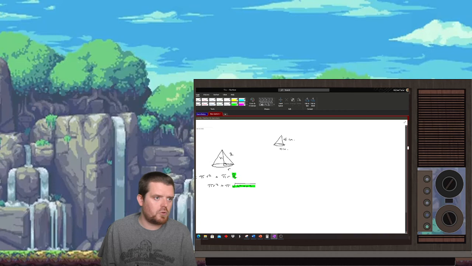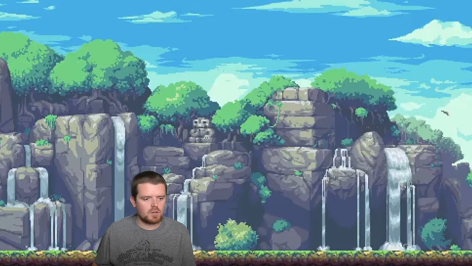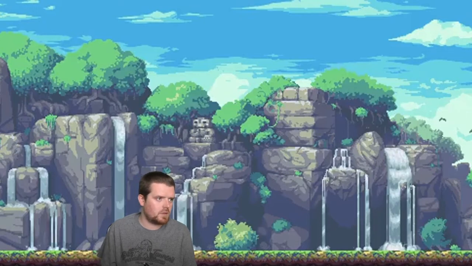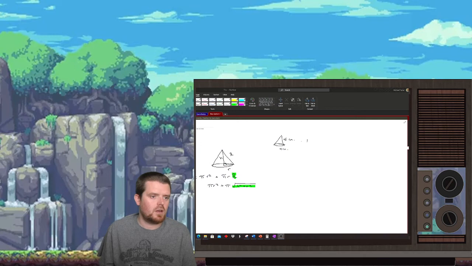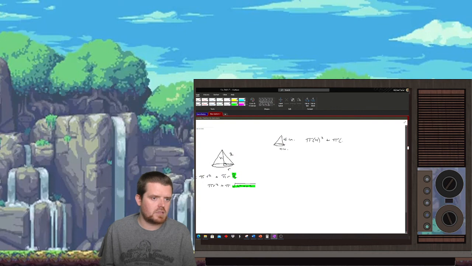So going through, you're going to do your formula, which is pi times the radius squared plus pi times the radius times the slant height.